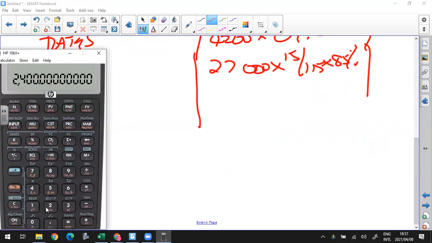So let's just do the calc. 3,049. It doesn't look right. Did I type it in properly?